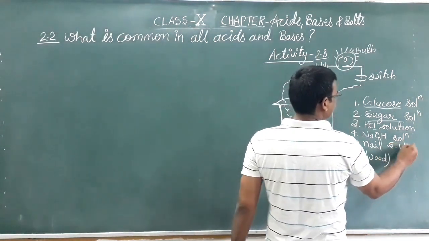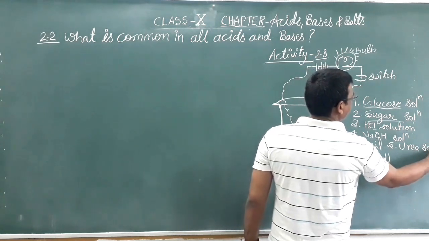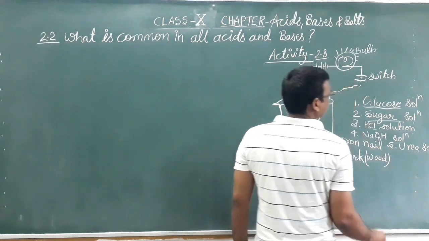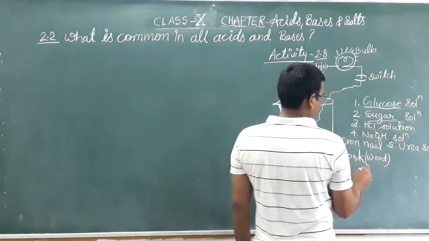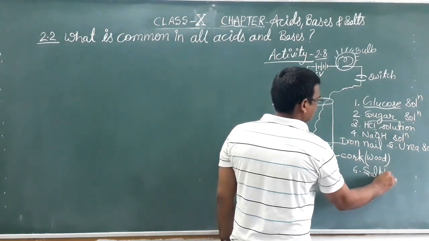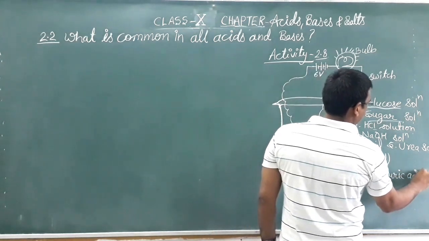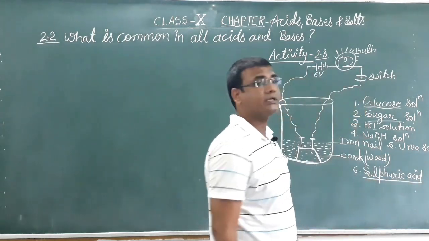Fifth one is urea solution, a white colored chemical. You can also use sulfuric acid solution. These are the samples.